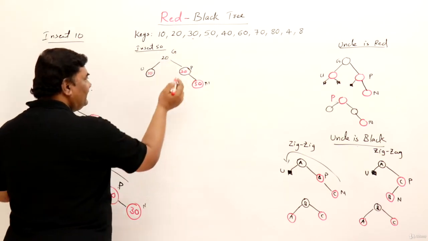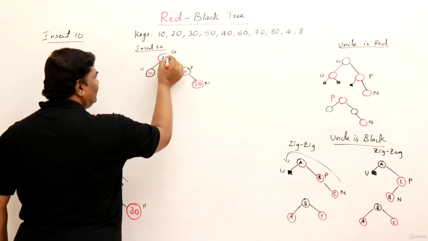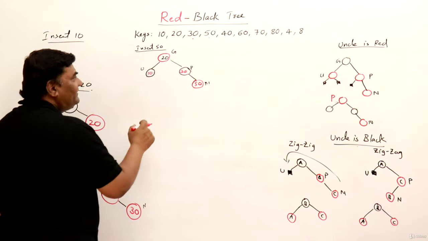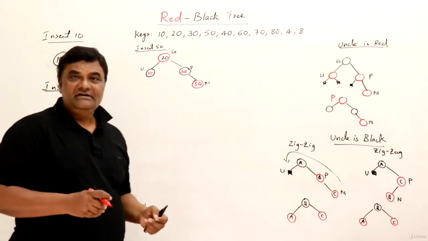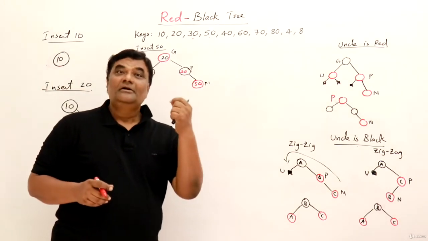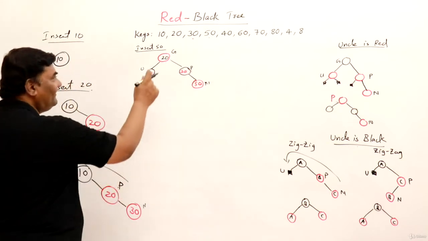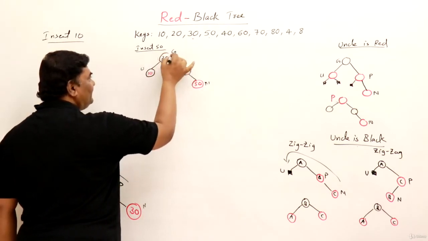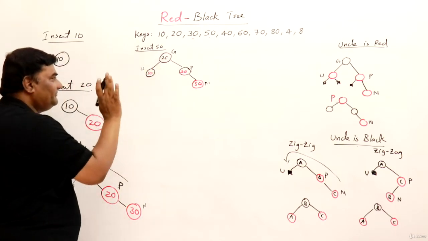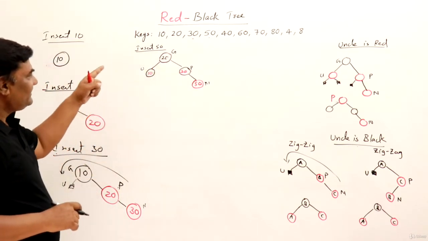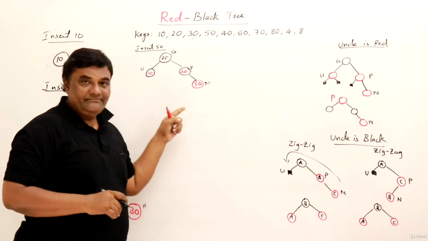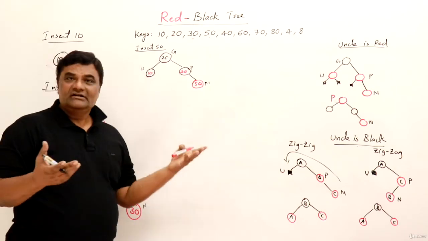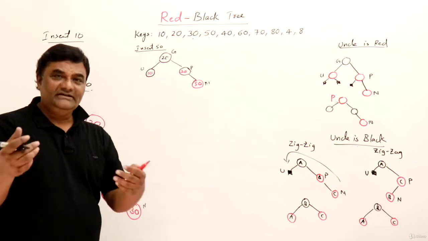So parent and uncle as black and grandparent as red. But this grandparent is a root of a tree, and root must be black. So again we have to modify this one. So especially you should check this, that root is black or not. If it is root, then keep it black. So this is after inserting 50. This is the tree. So once we saw rotation, second we saw recoloring. That's it. We have to continue like this only.